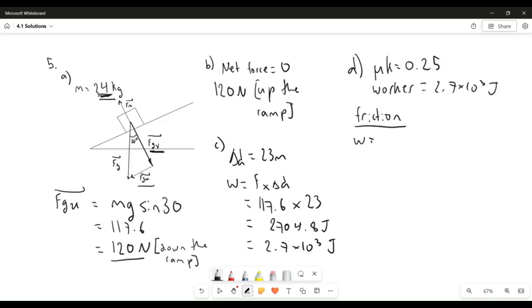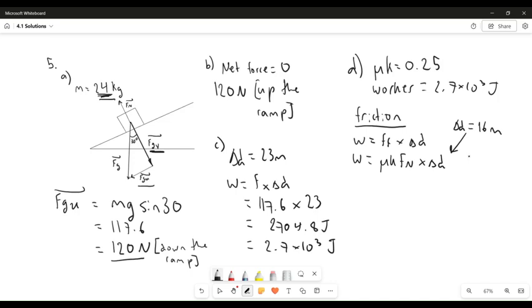So again, we know the formula for work, and this time the force of friction into the displacement. So the force of friction can be rewritten as the coefficient into the normal force times change in d. And for this question, delta d, or the displacement, is 16 meters, so that's what we're going to plug in.